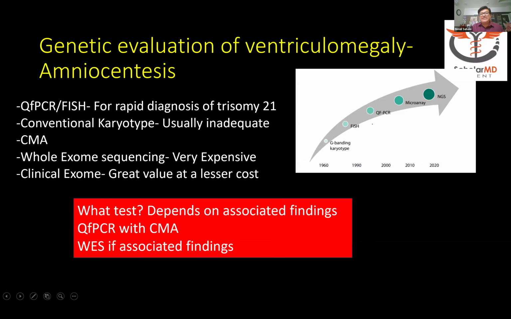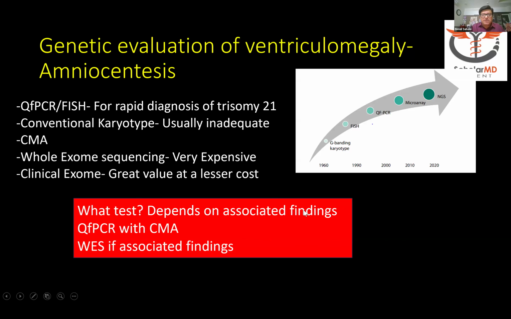And we have a battery of tests. You have the QF-PCR, FISH, karyotype, microarray, the NGS, the whole exome sequencing that we talk about, or the clinical exome. What test should you offer?